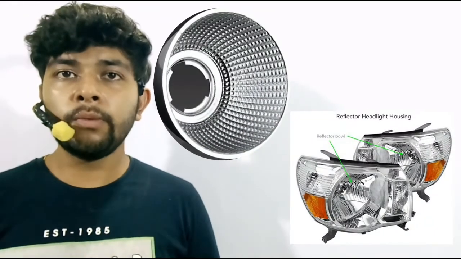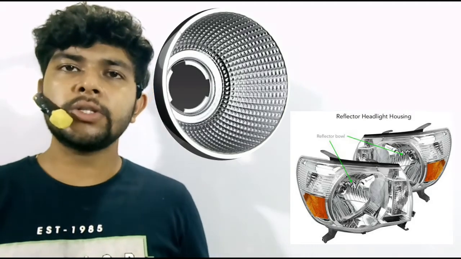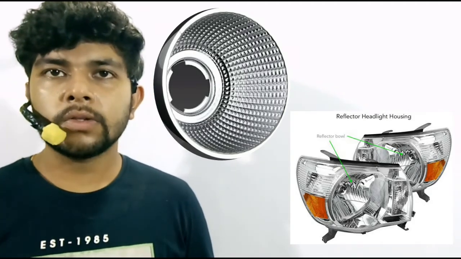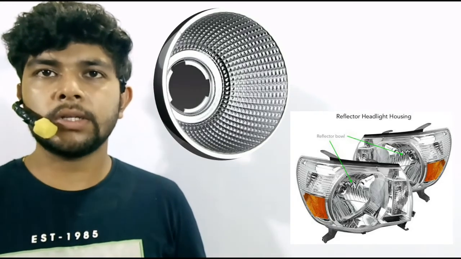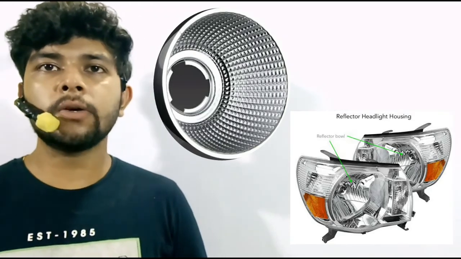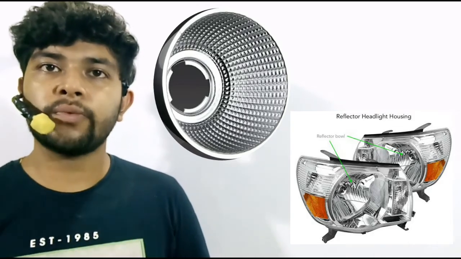Okay. Now the second use of a concave mirror is that it is used as a reflector. So when we place a light bulb just at the focus of the concave mirror, the light from the bulb falls on the reflecting surface and goes parallel, and as it goes parallel, the light beam is very powerful.